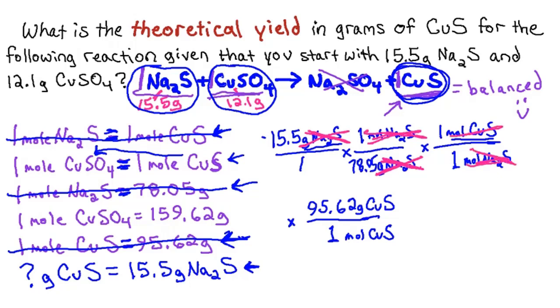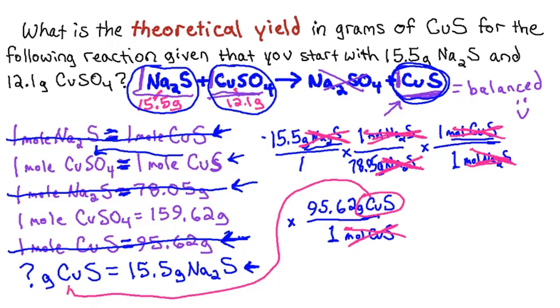And this mole of CuS cancels out this bottom mole of CuS down here, leaving us only with grams of CuS. Now, does that answer the question? Let's look back over at our question mark. And yes, the question is how many grams of CuS, and that's what we're left with for a unit of measurement. So we know we set this up right. So now we can just multiply.